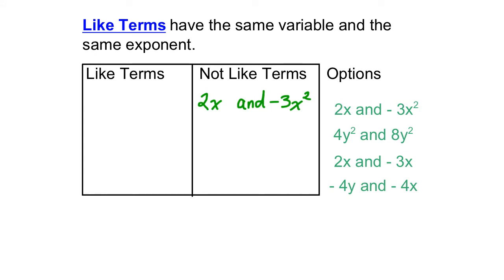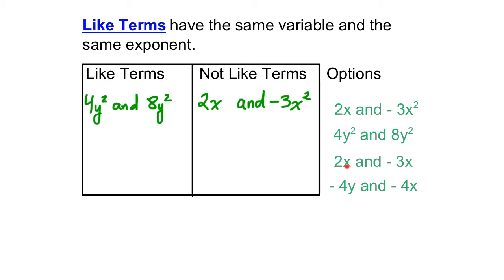The next options, 4y squared and 8y squared. Are those like terms? Yes, they are. They both have the same variable, y, and the same exponent on the variable, 2. So these are like terms. What about the next one? 2x and negative 3x.